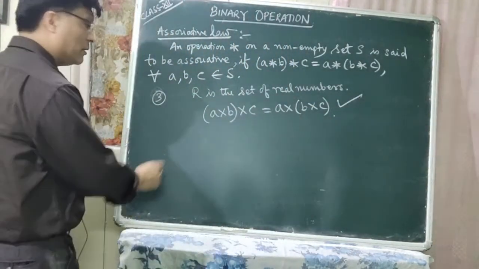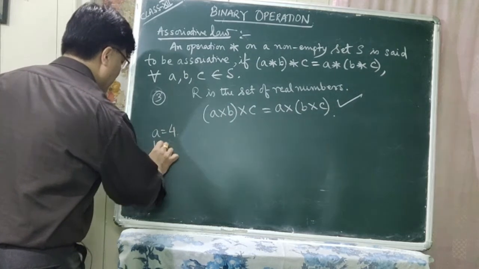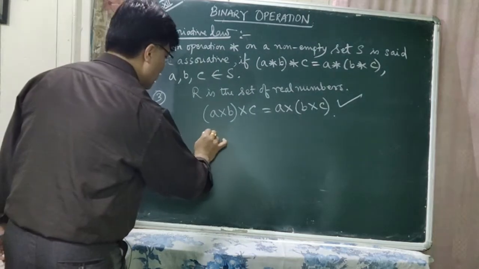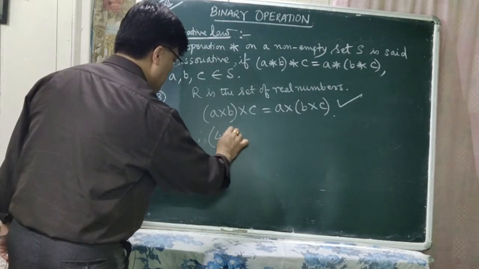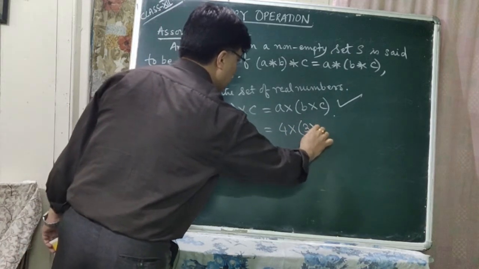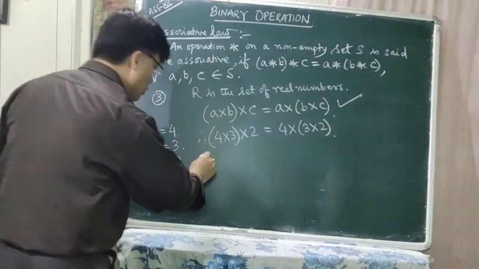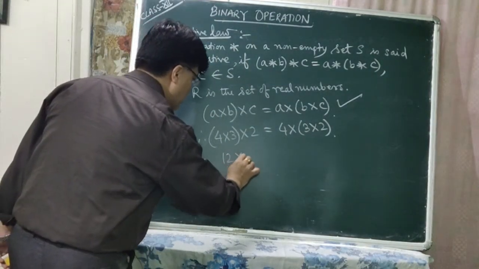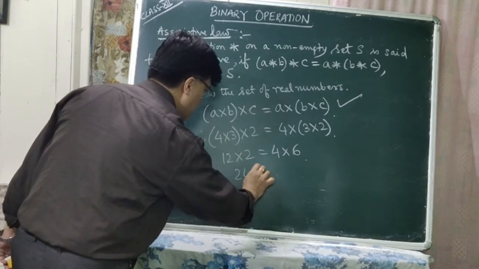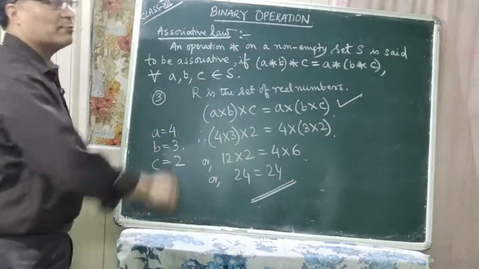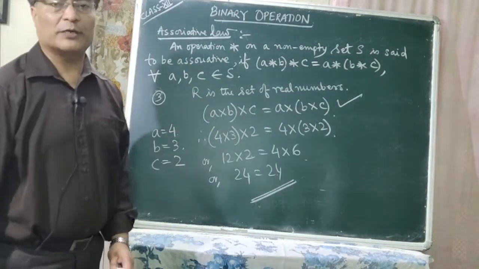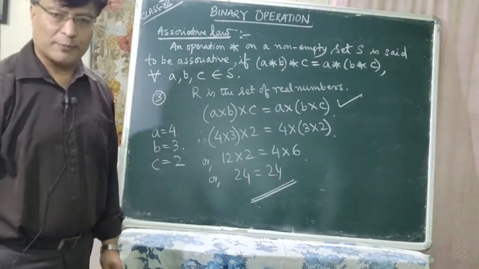You can take A equal to 4, B equal to 3, C equal to 2. These are all real numbers. Therefore, 4 into 3 into 2 is equal to 4 into (3 into 2). This is 12 into 2, which is 24, equal to 4 into 6, which is 24. So this multiplication operation is associative and satisfies the associative property.